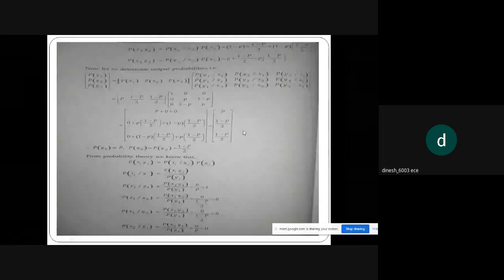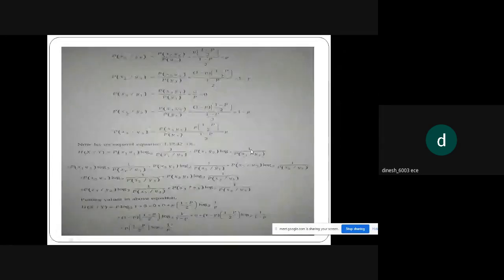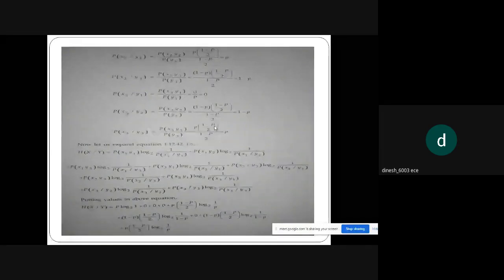Just a minute, it is not moving. I will check it out. Yeah. x2 over y2, x2 over y3, x3 over y1, x3 over y2, x3 over y3. You'll get all these things. You can simplify them easily. So now substitute all these things in H of x over y, which is our conditional entropy.